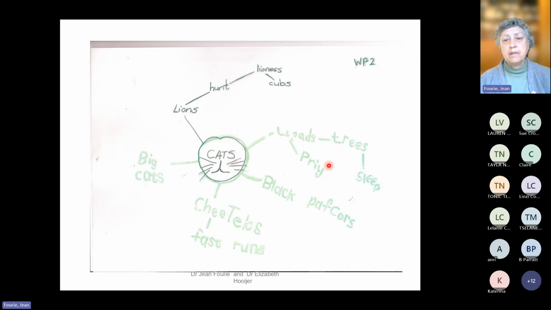Well, they prey on other animals, little buck and things. And how do we spell prey? In this case, we're talking about prey, P-R-E-Y, but the child spelled it P-R-I-Y.